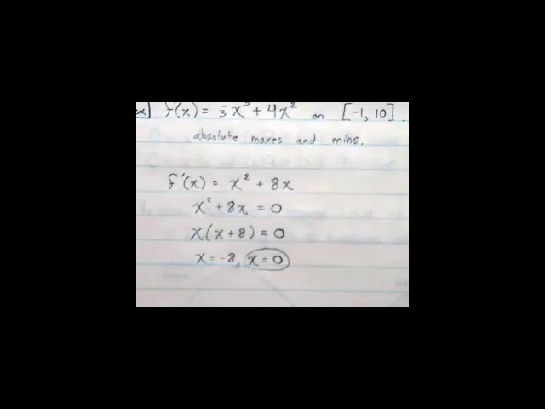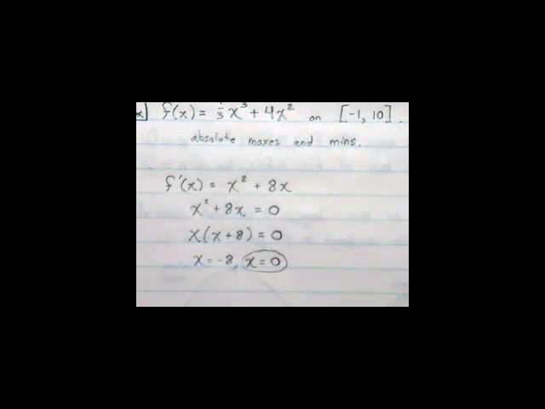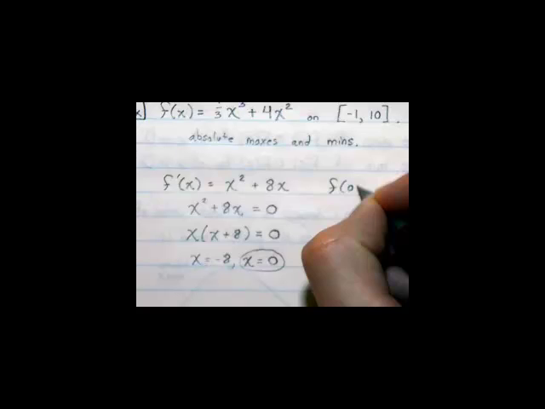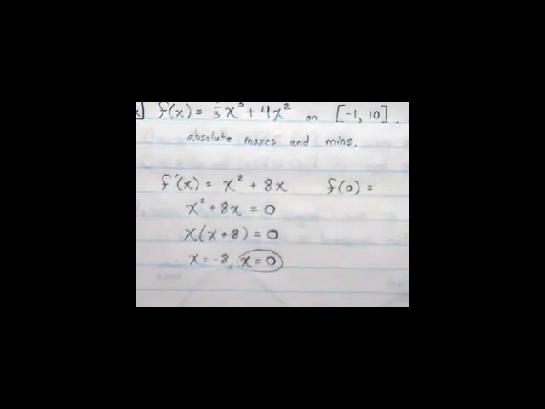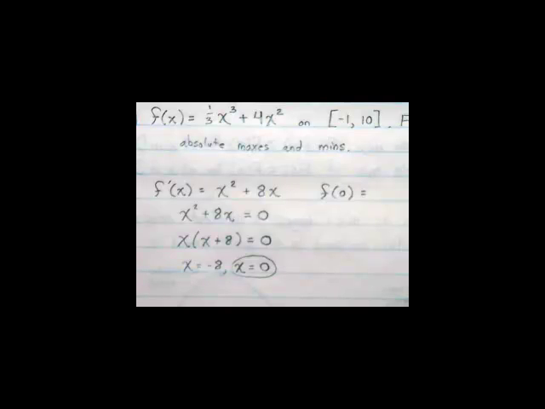So f of 0, f of -1, f of 10, those are all the ones I'm concerned with. We have to plug them in and see what we get out of each one. So f of 0, go back to our original function. What do I get when I plug in a 0? 0.